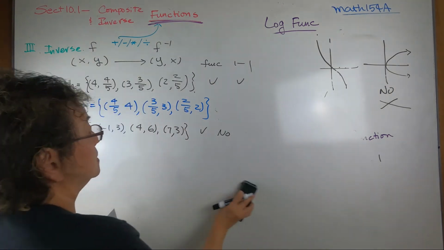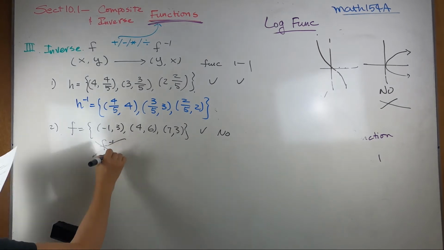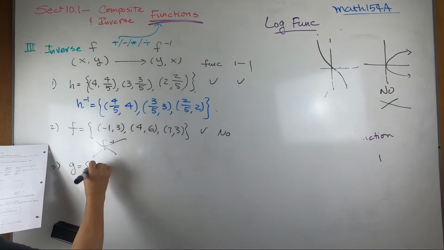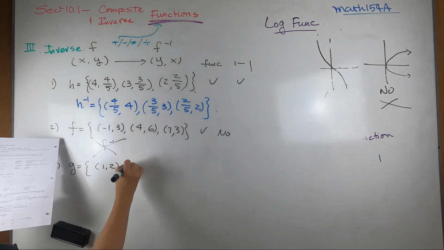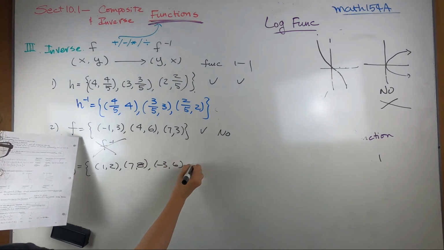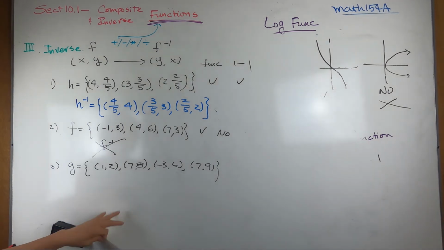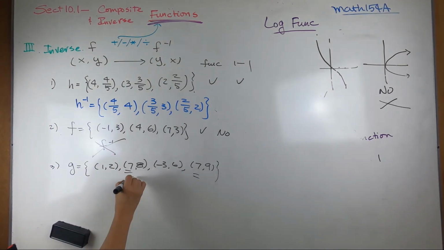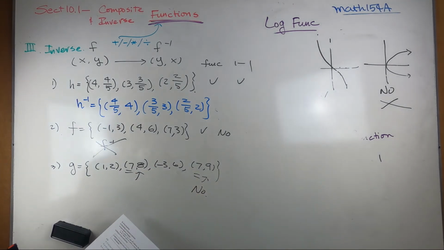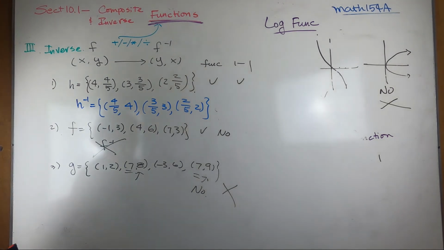So you don't have the inverse. Okay? So if you have next one, 1 to 2, 7 to 8, negative 3 to 6, and 7 to 9. Is this a function? 7 maps to two numbers. So this is not a function. Okay? Then we don't talk about one-to-one function.